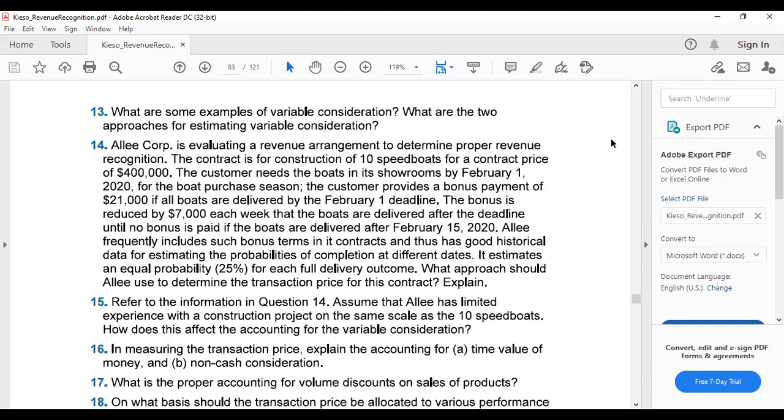The bonus is reduced by $7,000 each week that the boats are delivered after the deadline until no bonus is paid if the boats are delivered after February 15, 2020. Ali frequently includes such bonus terms in its contracts and thus has good historical data for estimating the probabilities of completion at different dates. It estimates an equal probability of 25% for each full delivery outcome. What approach should Ali use to determine the transaction price for this contract?